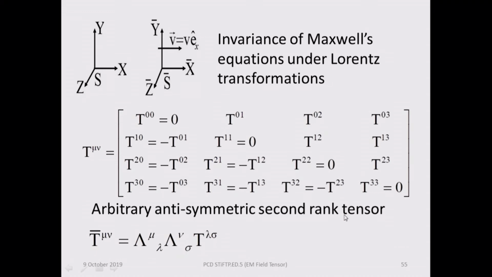Okay. What about the Maxwell's equations themselves? Are they invariant under Lorentz transformations? So, now if you have an arbitrary tensor of rank 2, we now have to see how the field tensor transforms. So, this is no longer a vector, but it is a tensor.